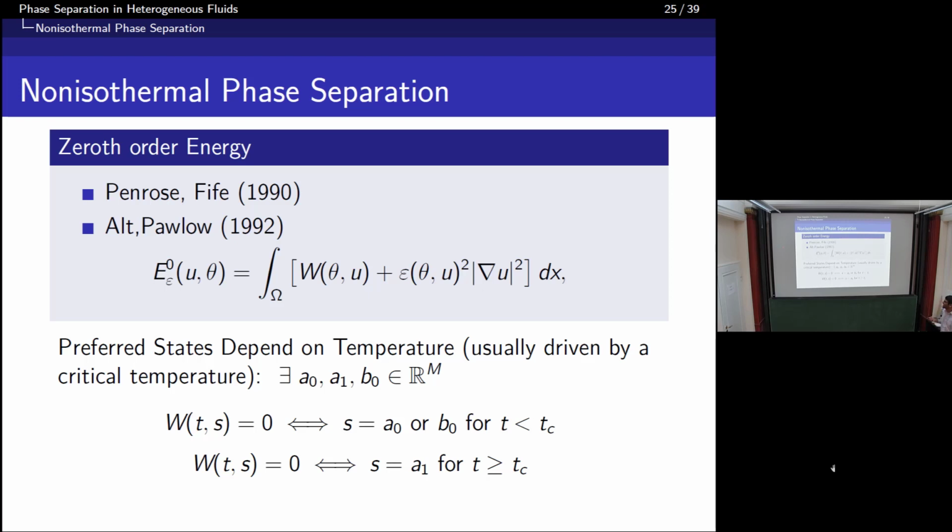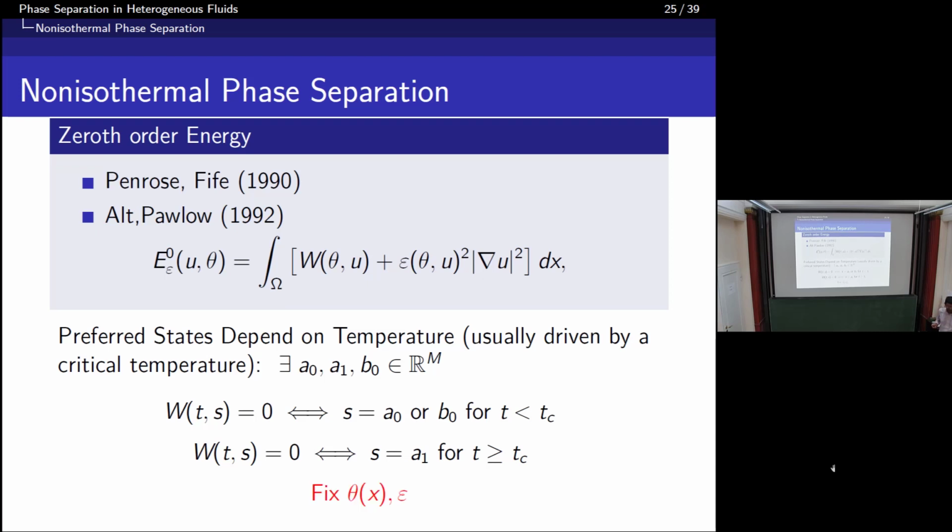And a classical example of this is, for example, if you have W as some double-well function for theta, or temperature, less than some critical temperature, and then above some critical temperature, there's only one phase. So this is, I guess, an example that the physicists really like to think about.